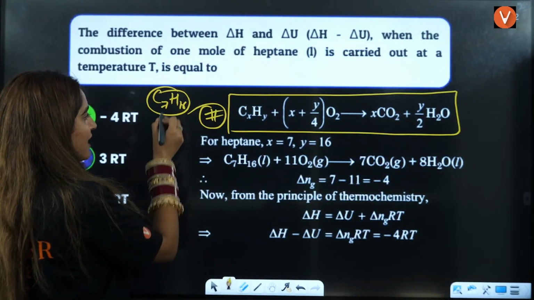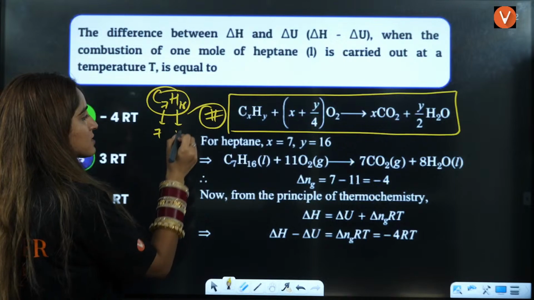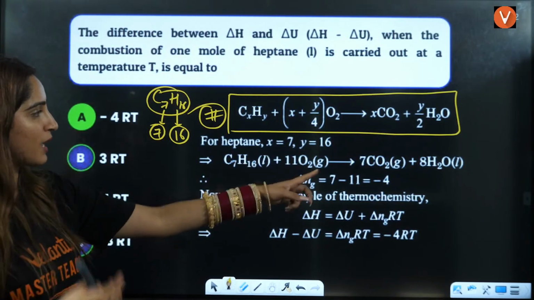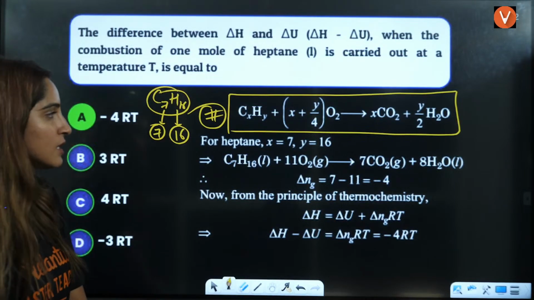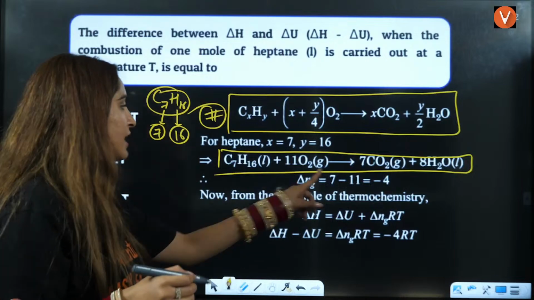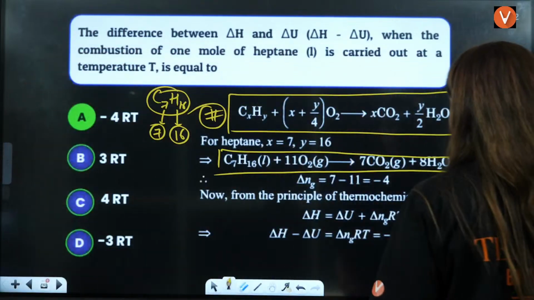So x is 7, y is 16. Put all these values here and you will get the answer, right? This is the reaction that you will get. Okay, this is gaseous, this is liquid, gaseous, and this is also liquid.